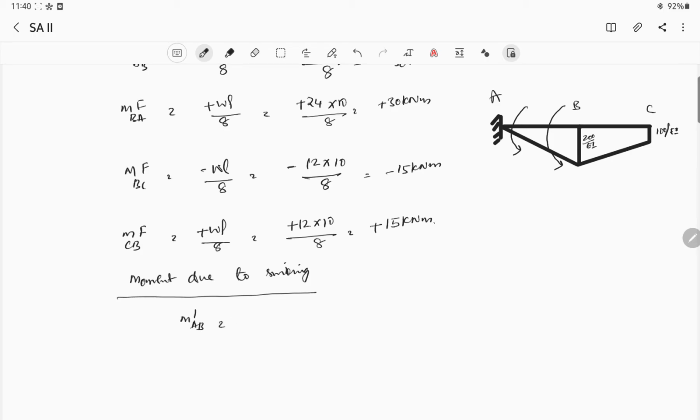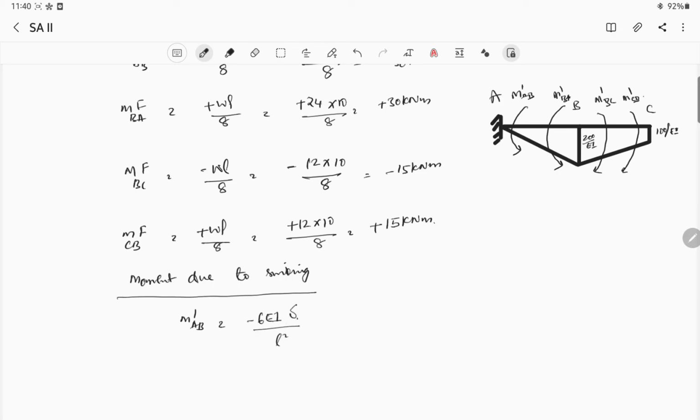M dash AB is nothing but, since AB, M dash AB. This is also M dash BA. For span BC, we'll be having M dash BC, and here also M dash CB. So M dash AB is minus 6EI delta by L square, right?